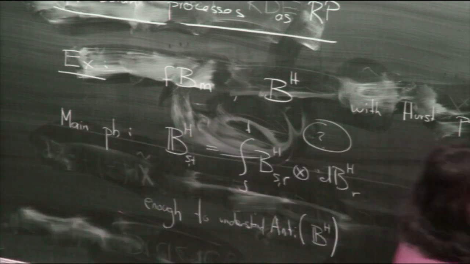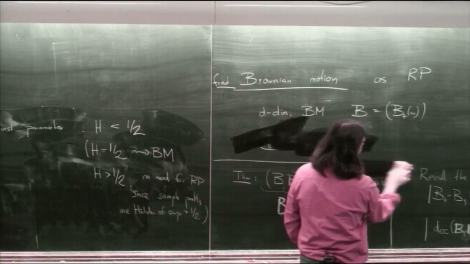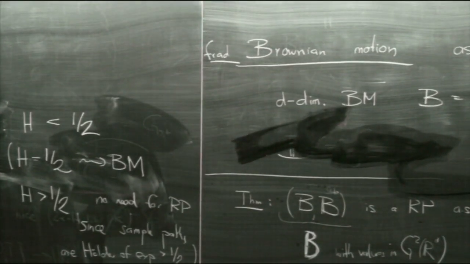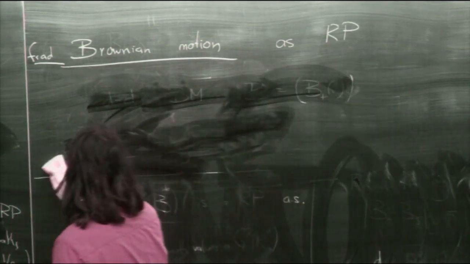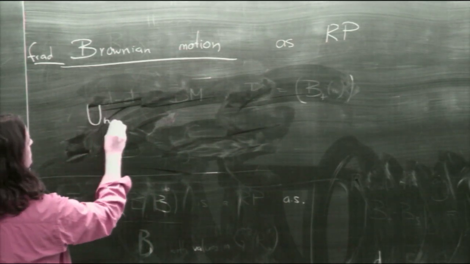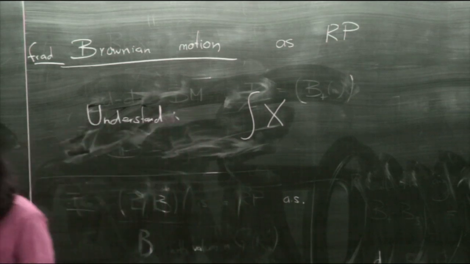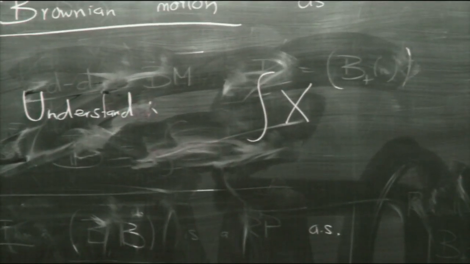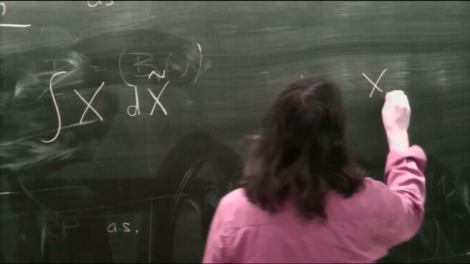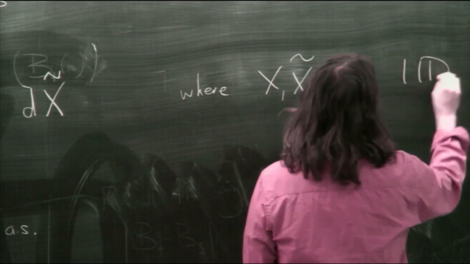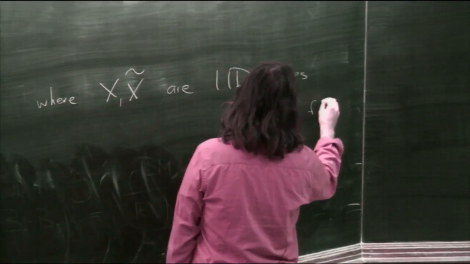So what we really need to understand is something like this: the integral of X dX tilde, where X and X tilde are IID copies of a scalar fractional Brownian motion.